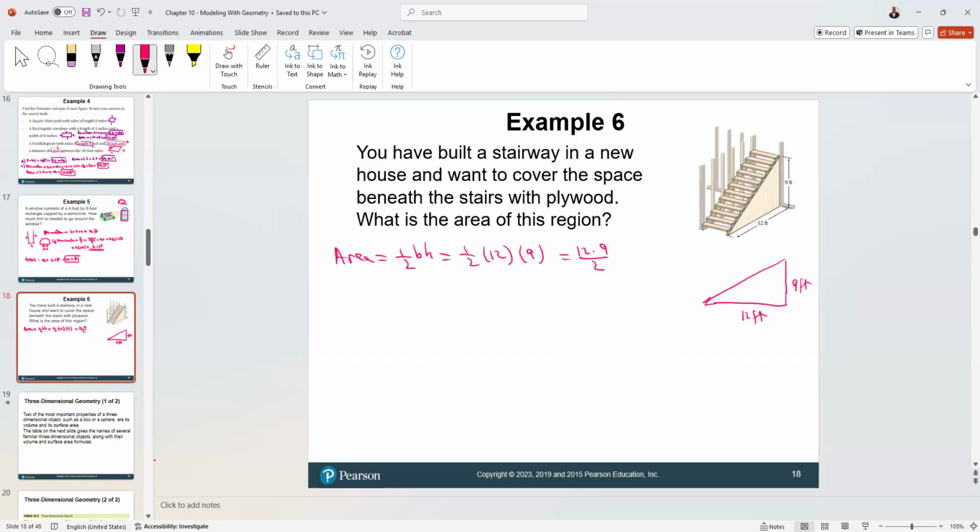So that would give you 6 times 9. So what would be the area then? It's 54. Remember, that should be square feet, not only feet. So the area of the region to be covered is 54 square feet, right?